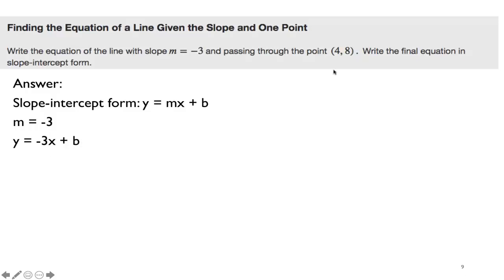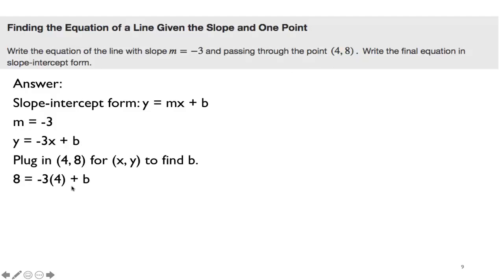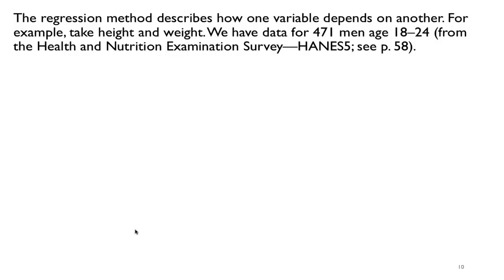Now to find b, I can plug in the point (4, 8). Plug in 8 for y, 4 for x. Solving for b, I get b is 20. So my function is y is equal to negative 3x plus 20. This is the function that has slope negative 3 and passes through the point (4, 8). So that's a very important example that we'll need to know how to compute very soon.